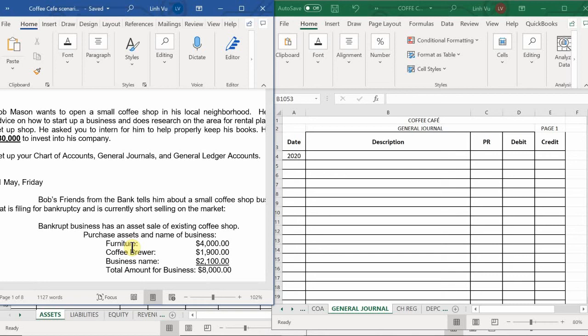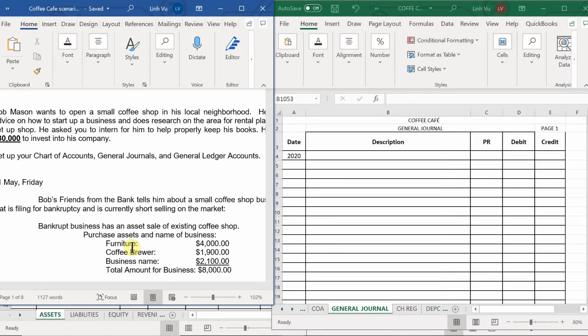And in this case, Bob decides to actually purchase this business, okay? So this is what we got from this business. We purchased furniture that was already there, $4,000 worth. We purchased a coffee brewer that was already there for $1,900.